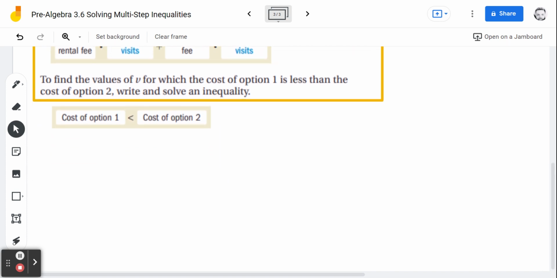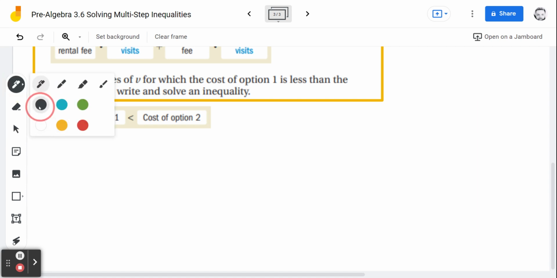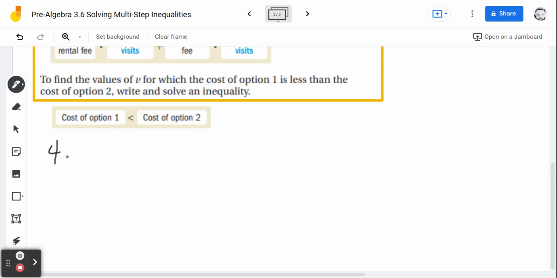So let's write that out and solve, and then we can figure out how many visits makes a difference. Option 1, remember, is just buying the skates. How much would it cost me total over the season? I have to pay $45 plus $4 admission every time I go, which is 4V, every time I visit.